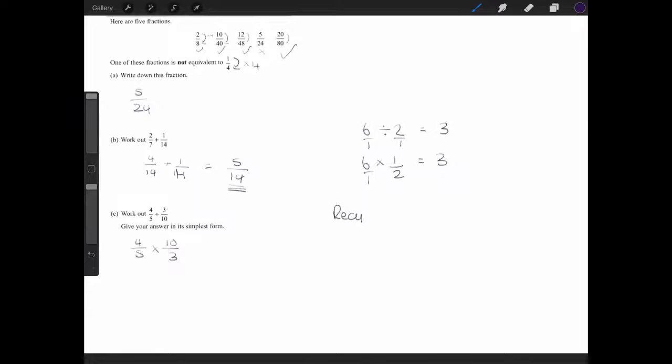The reciprocal of 2, okay? And the reciprocal of 2 is the number you multiply to the original to make 1.